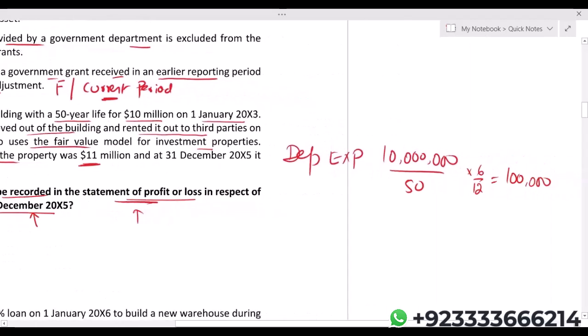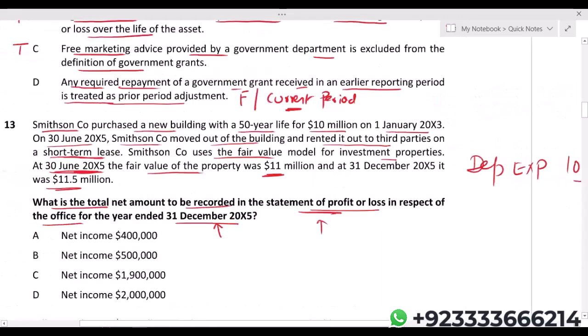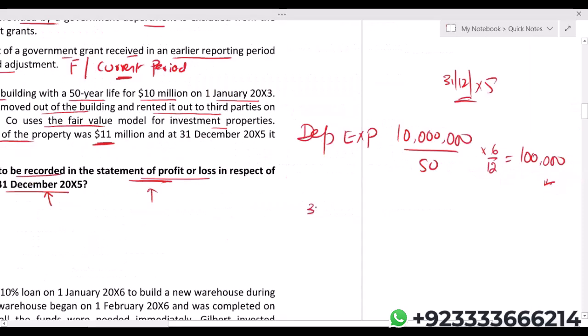So basically, in the first 6 months, the depreciation is 1 lakh. And when the property was transferred on 30th June X5, the revalued amount, or you can say the fair value, was 11 million.